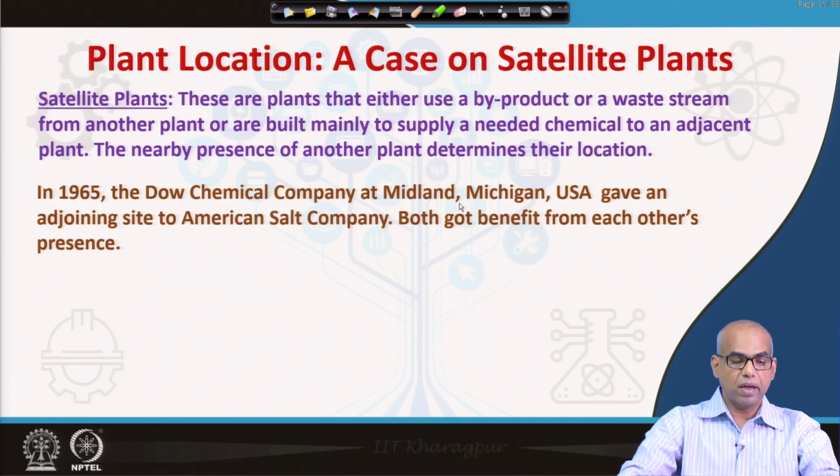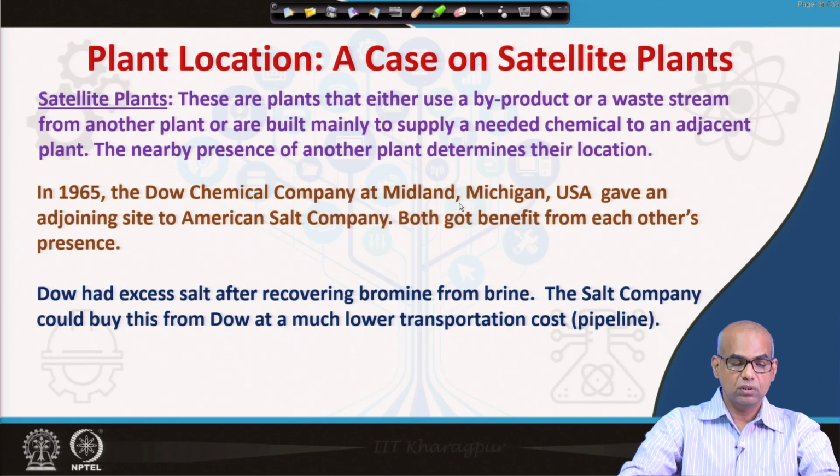In 1965, the Dow Chemical Company at Midland, Michigan, USA gave an adjoining site to American Salt Company. Both got benefit from each other's presence. How? Dow had excess salt after recovering bromine from brine.